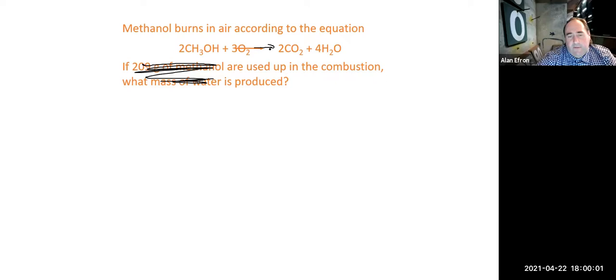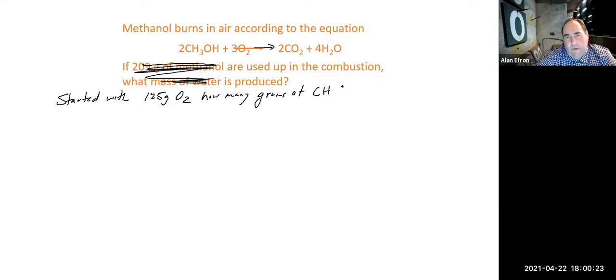So let's say we started with 125 grams of oxygen, how many grams of methanol would we need? All right, so take a moment or two and see what you come up with on that one. Again, same numbers that we used last time would also be in play here.